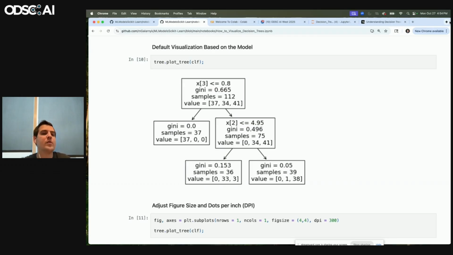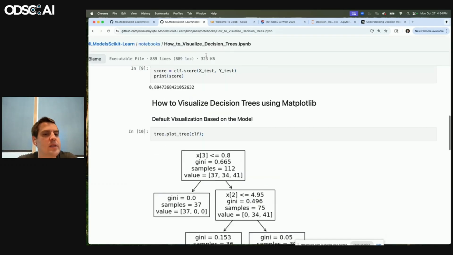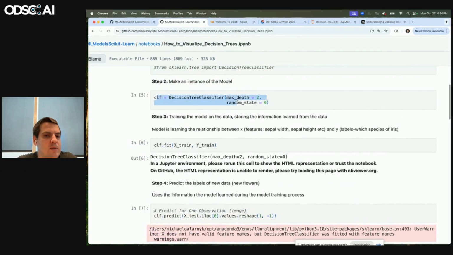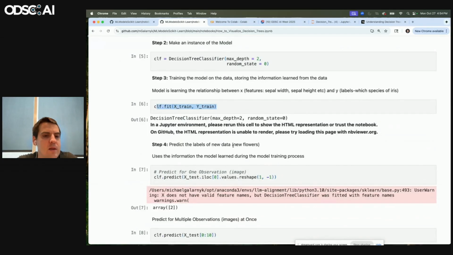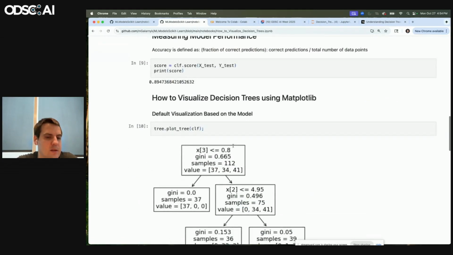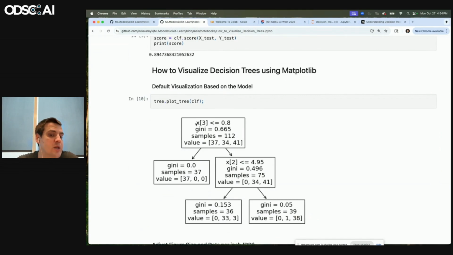So what we find is that after we make an instance of a model and fit it to the data, we have some sort of visual underneath the hood of how the model makes a prediction. We can make a default visualization based on the model, and you'll find that this is really hard to read.